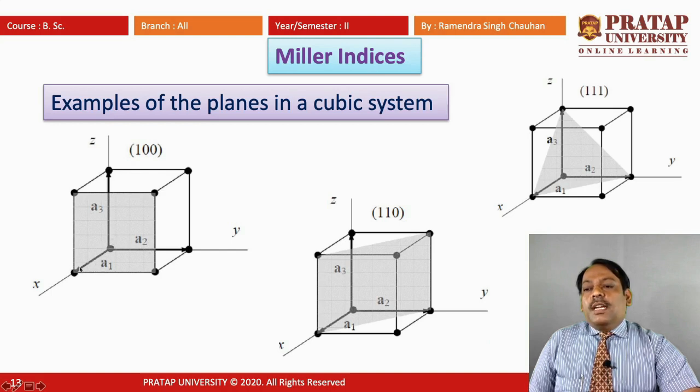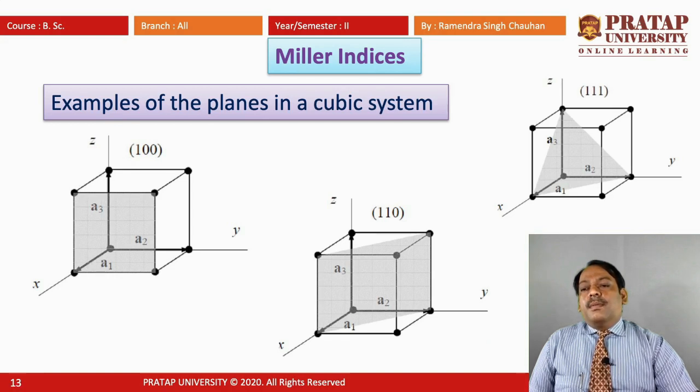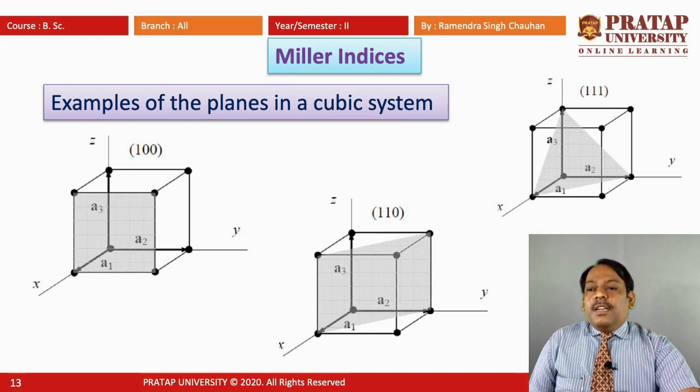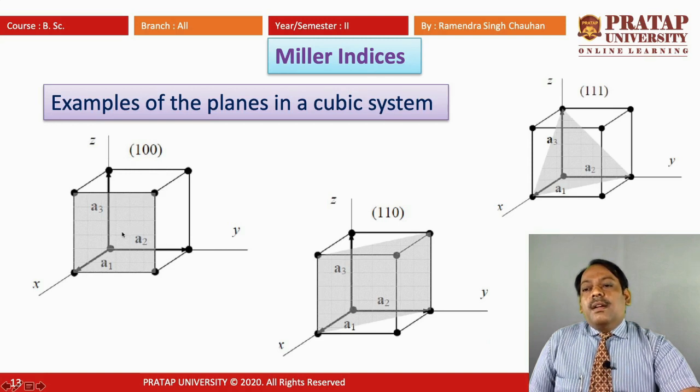So, we know that when a plane is parallel, it has its intercept at infinity. This plane is parallel to the y and z axes, so it will have intercept with y and z at infinity, and an intercept equal to 1 on the x axis. What is an intercept? Intercept is the length between the intersecting point on the axis and the origin.